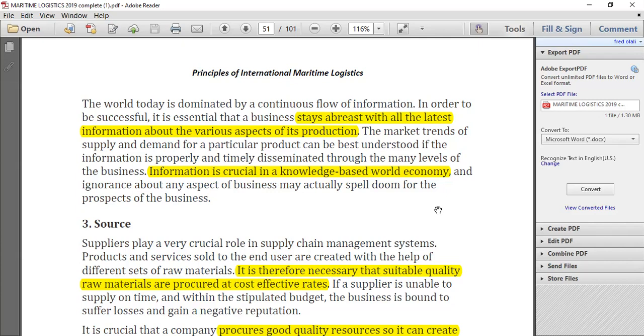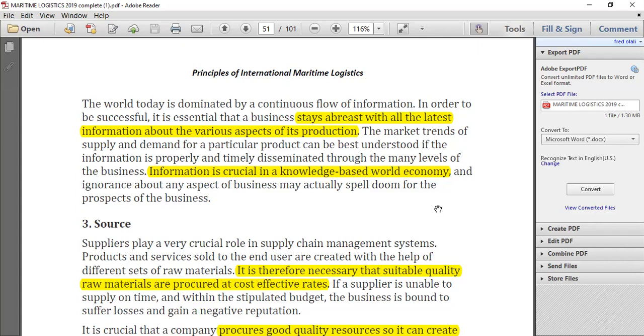Technology keeps on changing, and as it changes, the customer's demands also change. So as a business person, you must stay ahead of the changing technology.